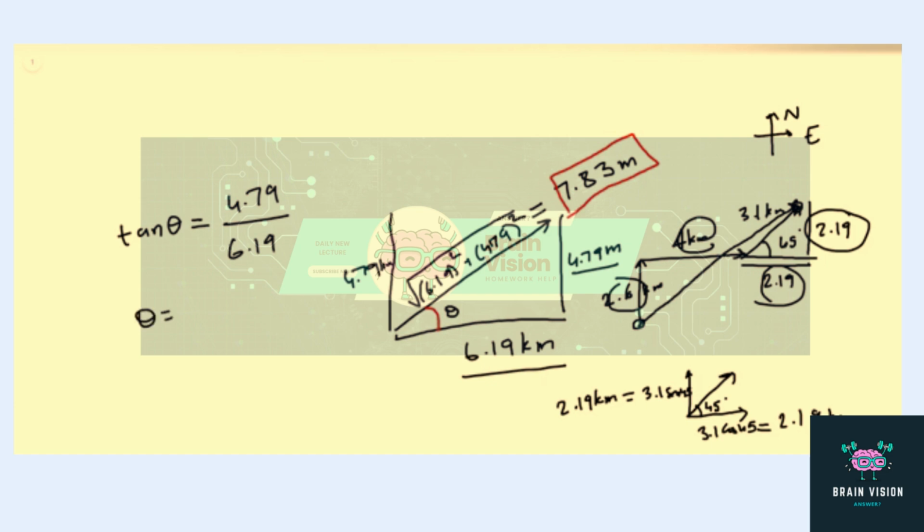Hence, theta would be equal to tan inverse of 4.79 divided by 6.19. By plugging this into a calculator, we can see that this theta is 37.73 degrees. And because this is eastward direction and we are turning north, this would be north of east.